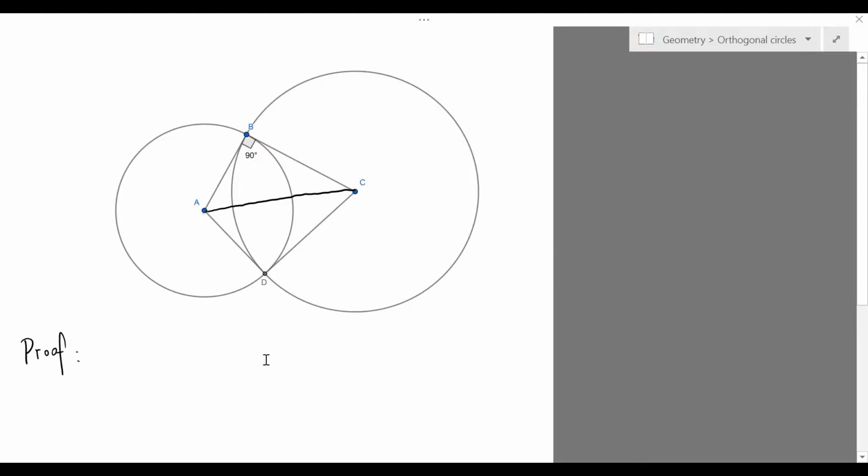To see these 2 triangles are congruent, we first observe that the line segment AB is congruent to the line segment AD because both of them are radii of the circle centered at A with radius AB.